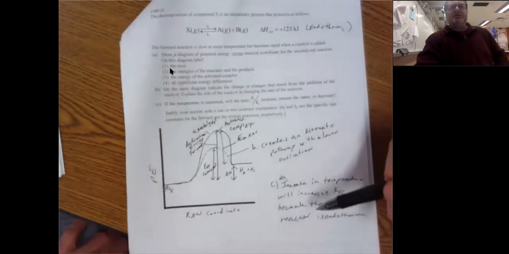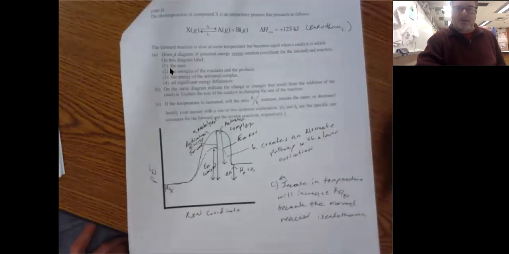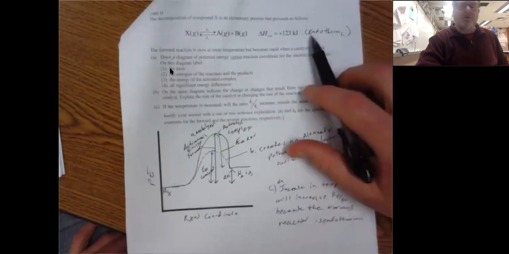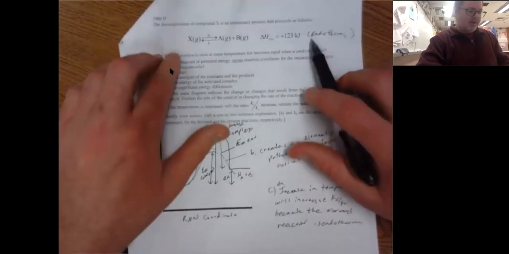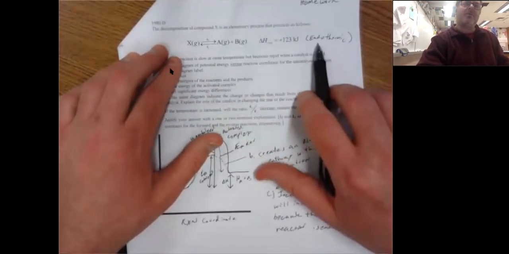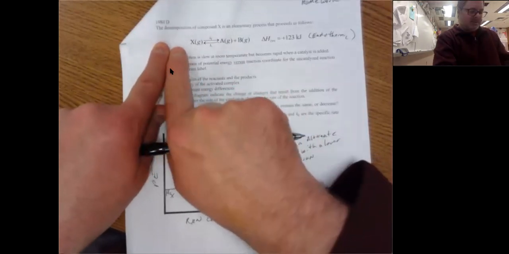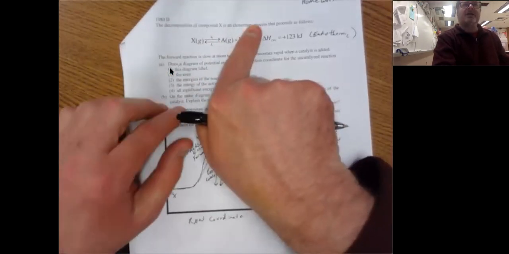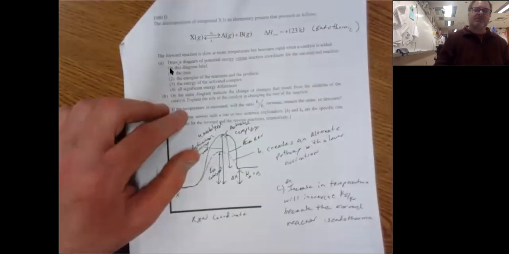It may have been a problem with recollection of equilibrium from last semester and what's called Le Chatelier's principle. But think about it this way. If we have this as an endothermic reaction, we add heat. Basically, that's going to make the forward reaction go faster. The reaction rate of the forward reaction is going to be faster.